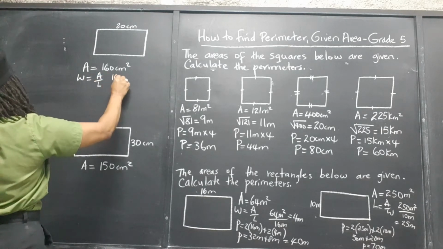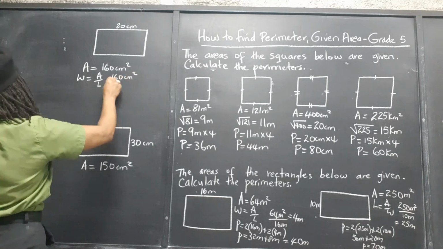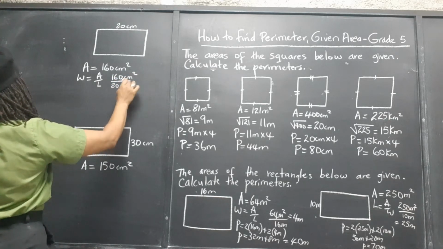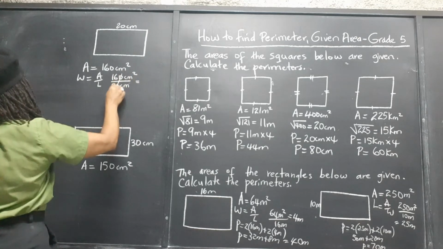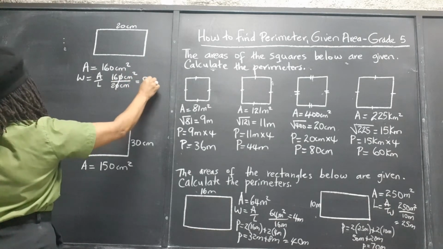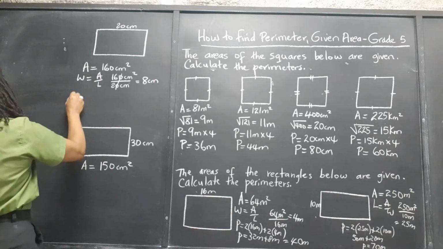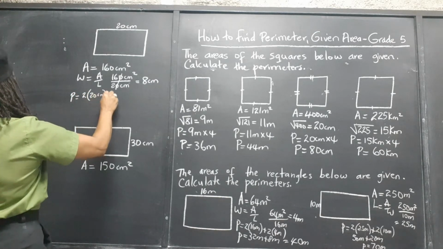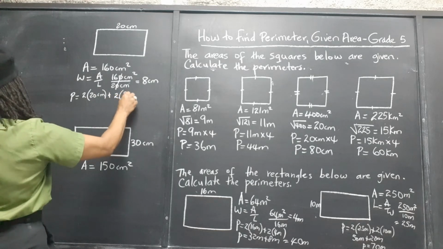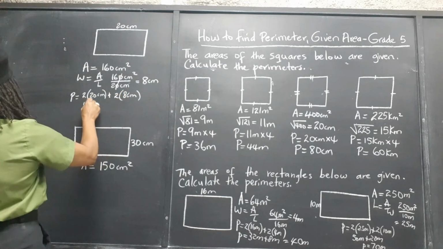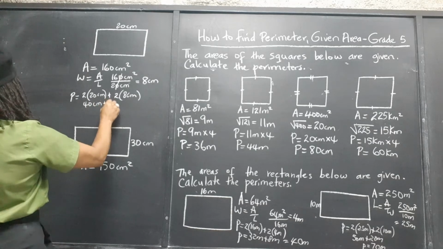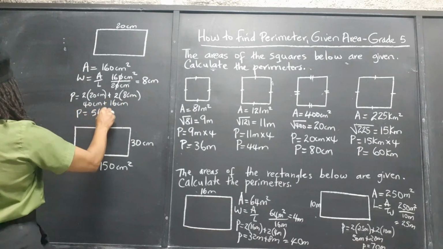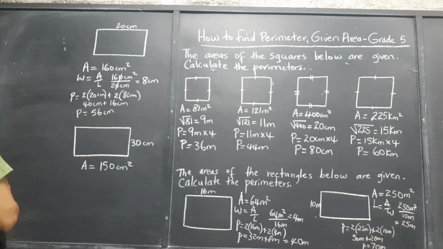That's 160 centimeters squared divided by 20 centimeters, and that gives 8 centimeters. So the perimeter is 2 times the length plus 2 times the width. That's 40 plus 2 times 8, which is 16. So the perimeter is 56 centimeters.